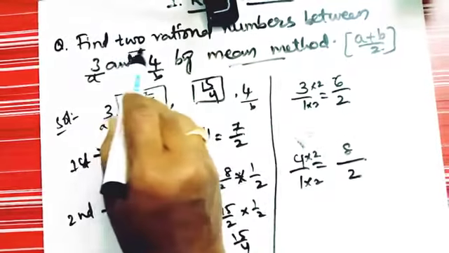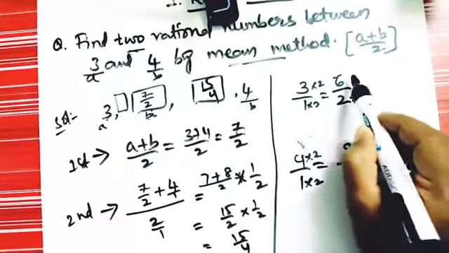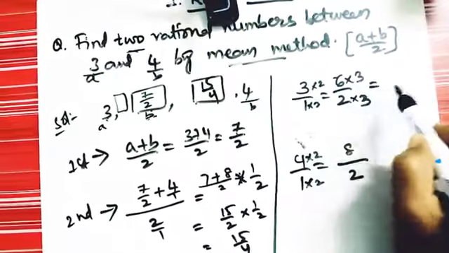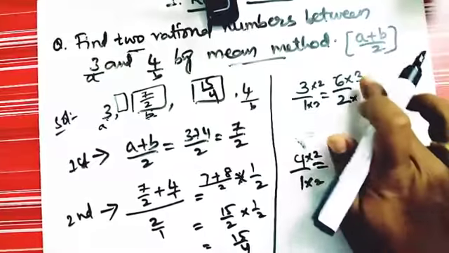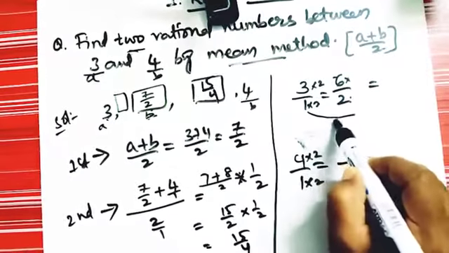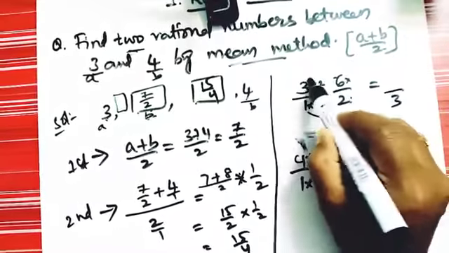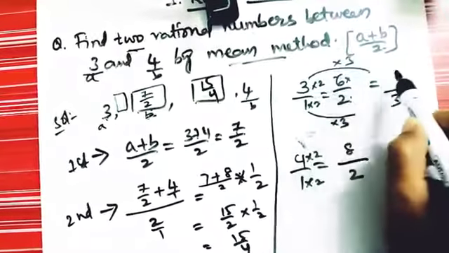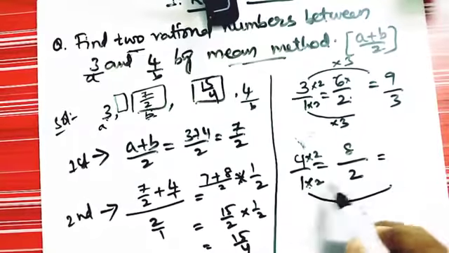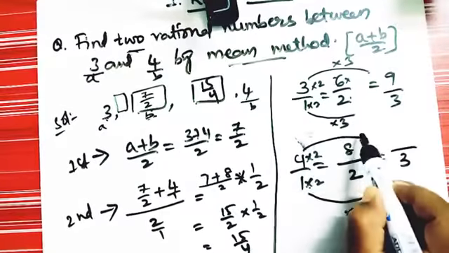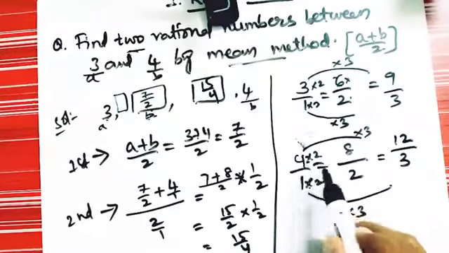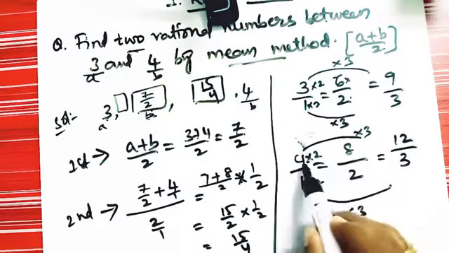They are asking for two rational numbers, so you should multiply again and write the next equivalent fractions. You multiply by 3: 3 times 3 is 9, 1 times 3 is 3, and 4 times 3 is 12.